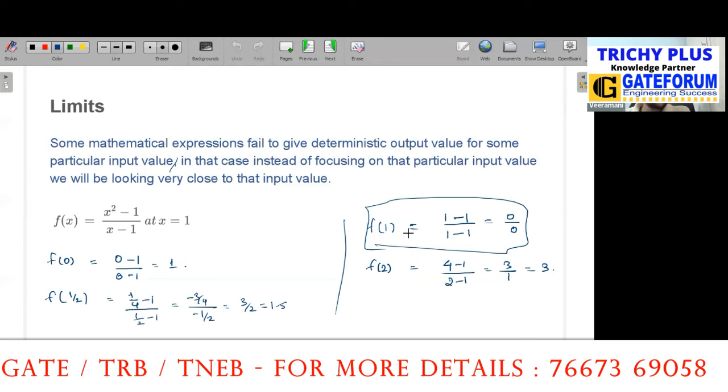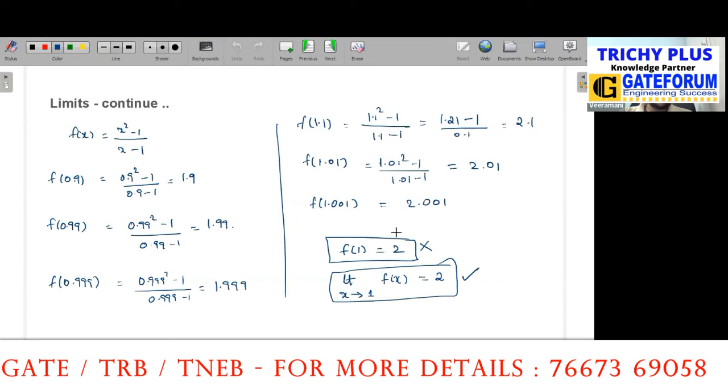So how can I proceed further? I have to proceed further to do my research, right? In that case, we will be taking the help of limit. By using limit, it is not f of 1 equal to 2, but as the x value is approaching 1, my function is going to give a value of 2. So it stays with this limit. Okay, fine.